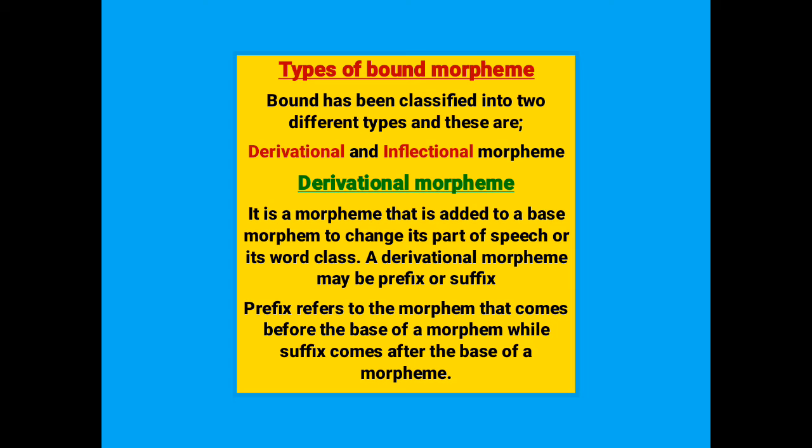This is what we refer to as a derivational morpheme. It's like you are obtaining another word when you add a different morpheme to it. So it results in a different meaning of a morpheme. Prefix refers to the morpheme that comes before the base of a morpheme, while suffix comes after the base of a morpheme.